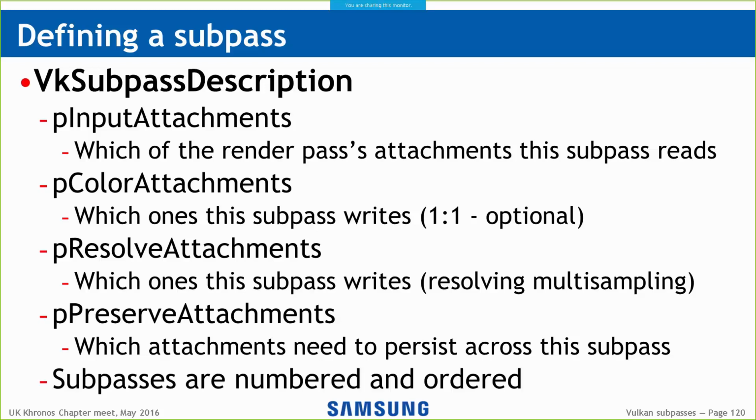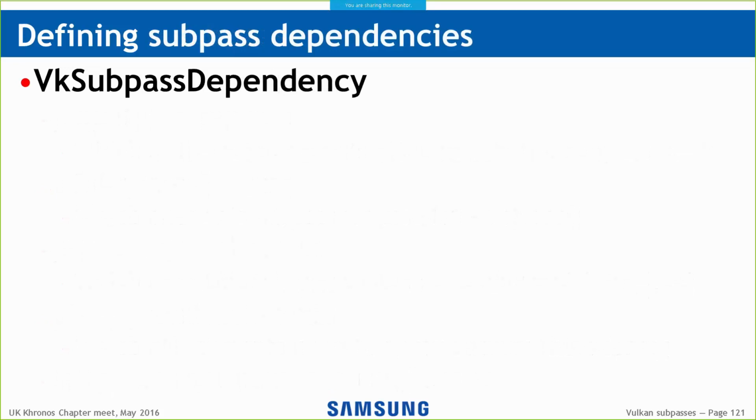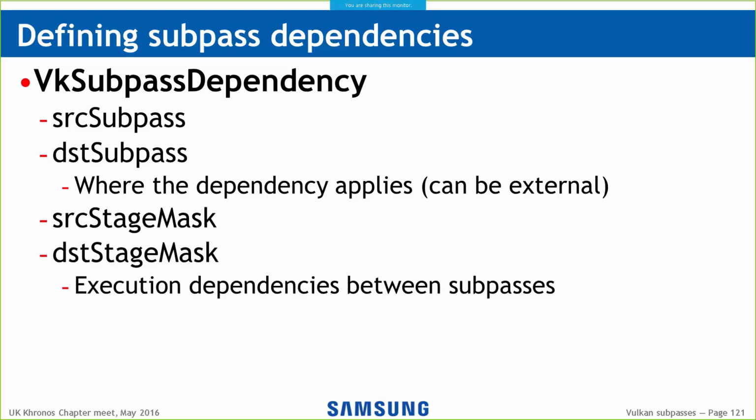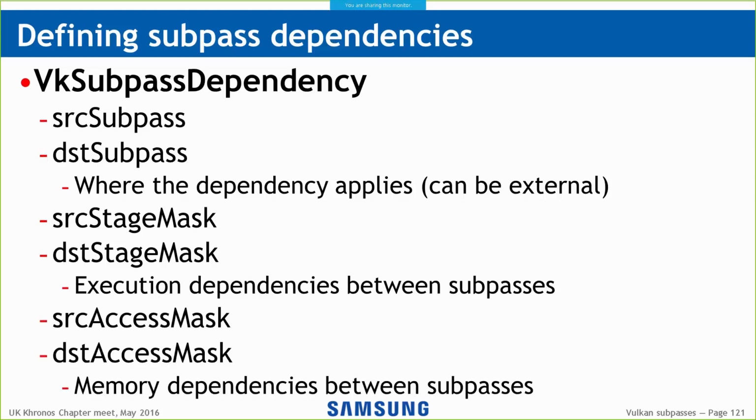And subpasses are in order, so you can refer to them by a number later on, and they will refer back to previous subpasses. Finally, subpass dependency. So you can say for an attachment whether it's used, how it's behaving between two subpasses, what the source of it is and the destination is, and which stages have execution requirements between those subpasses. Yes, please go with the spec for this, but this is a useful input for creating everything.